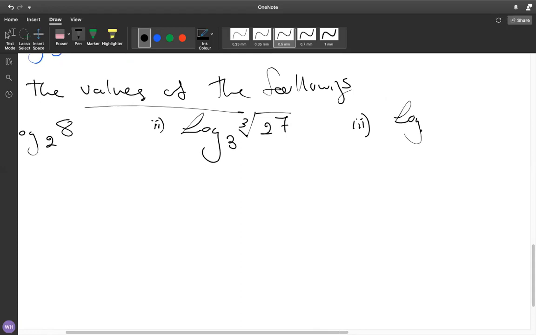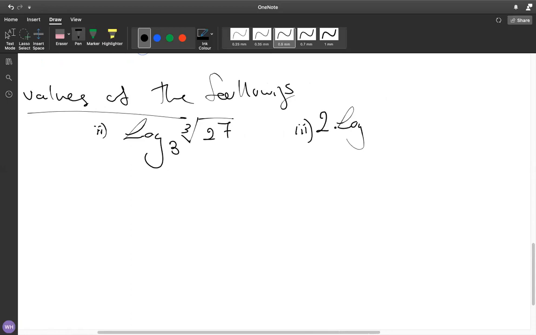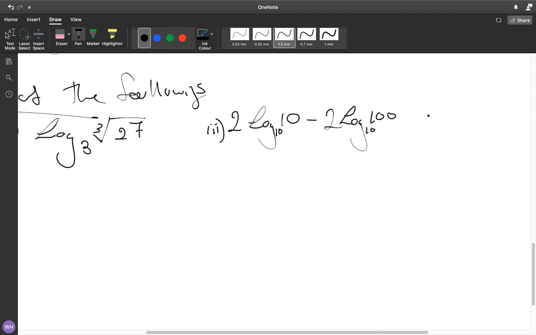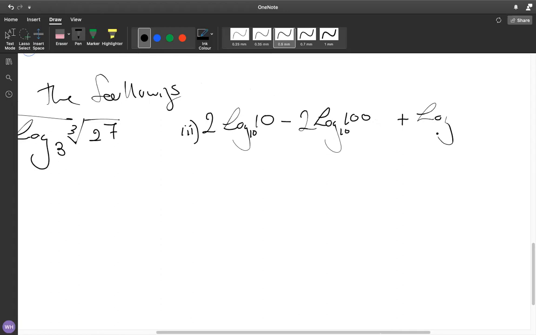Logarithm of 2 log 10 to the base 10 minus 2 log 100 to the base 10 plus 3 log 10 to the base 10.